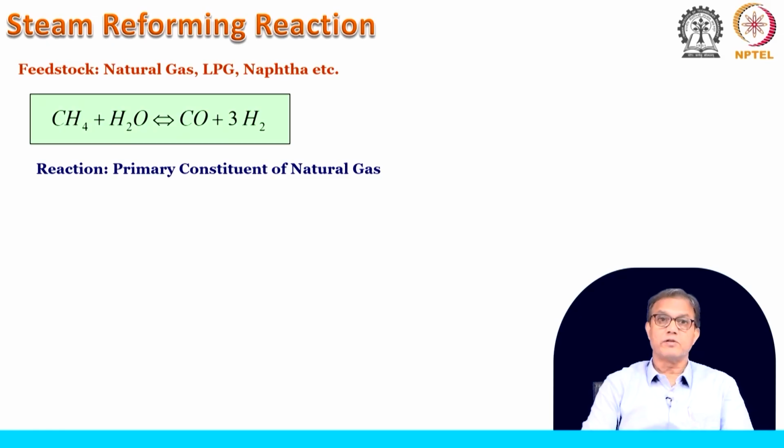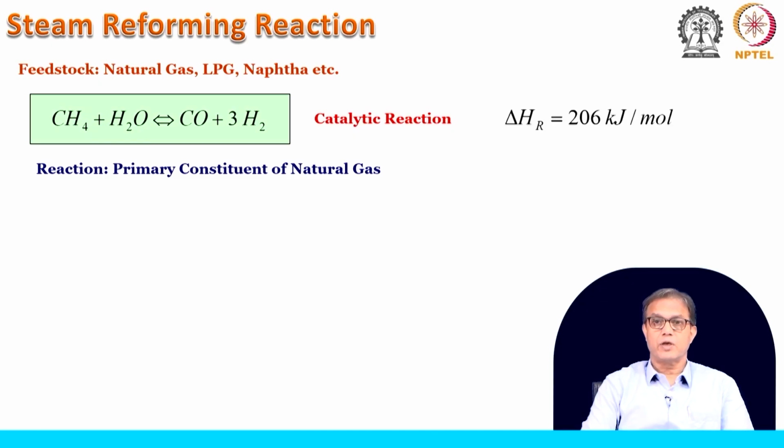So, this is basically an endothermic catalytic reaction, and quite endothermic. You can see that the reaction enthalpy is nearly 206 kilojoule per mole, which is quite high, and we need to supply a good amount of heat into this process.